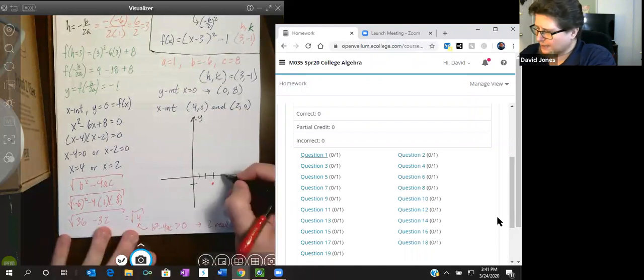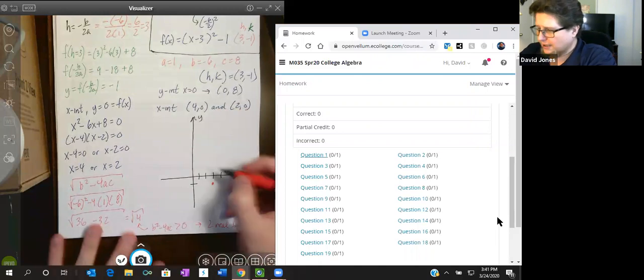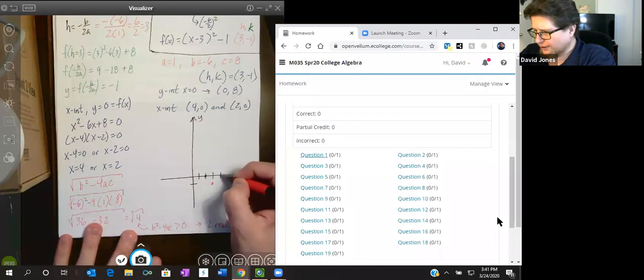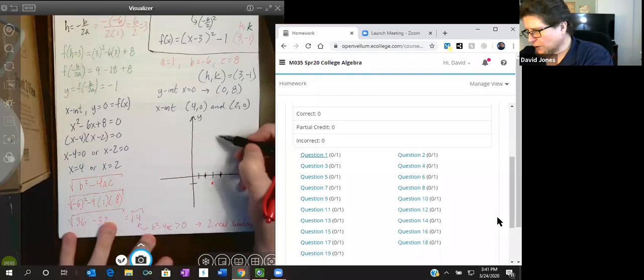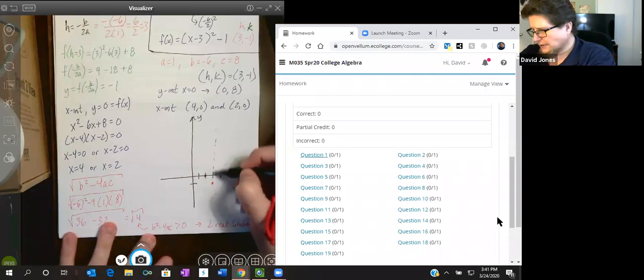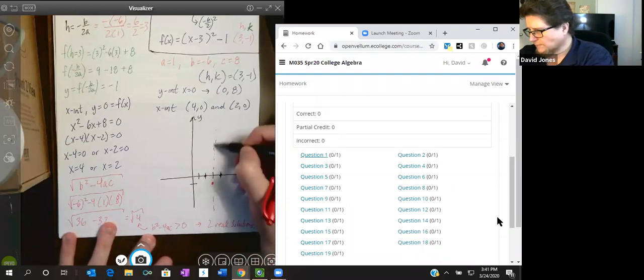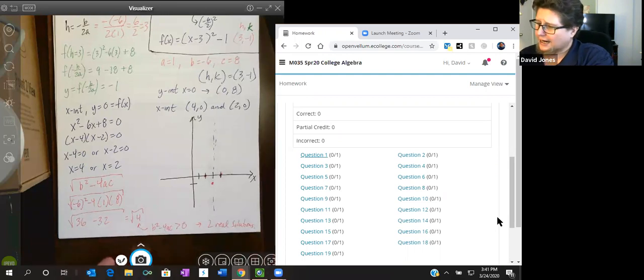My x-intercepts tell me I've got points at (2, 0) and (4, 0). That's good. It's following my mirror. And I have a y-intercept at (0, 8).